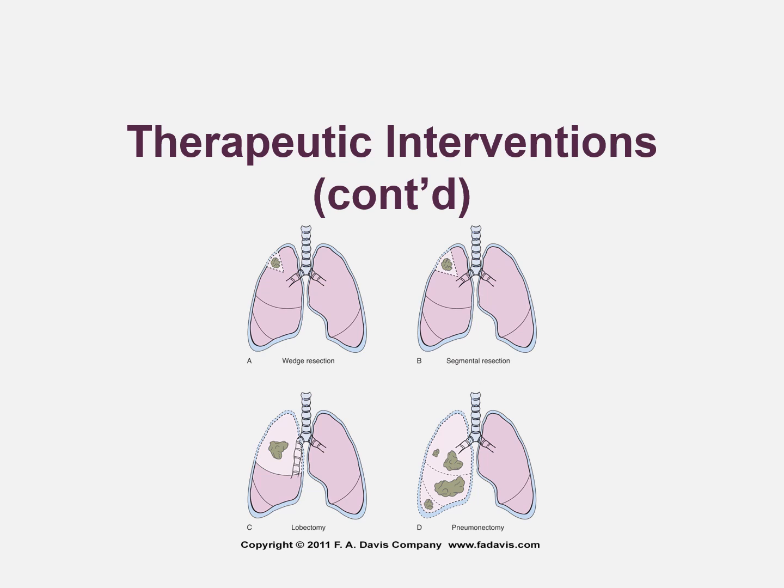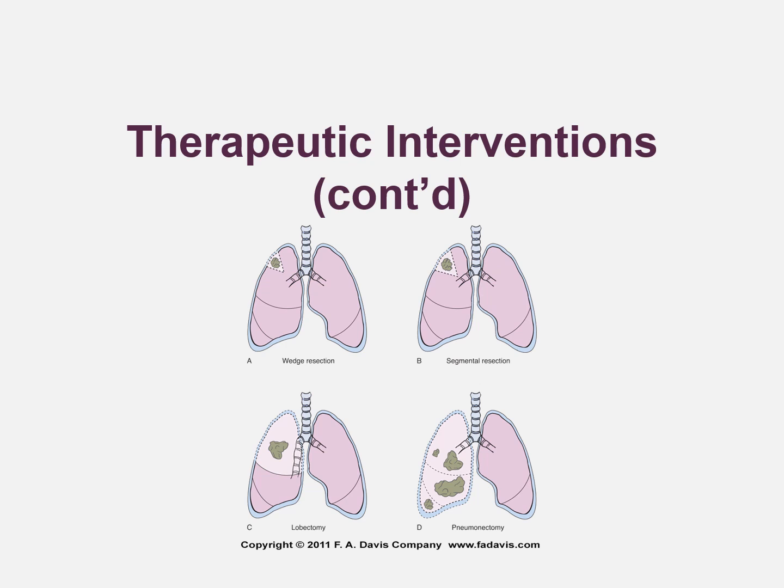So these are some examples of lung surgical removals, and there's different types. The top picture on the left shows a wedge resection, and that's where just a piece is taken out.